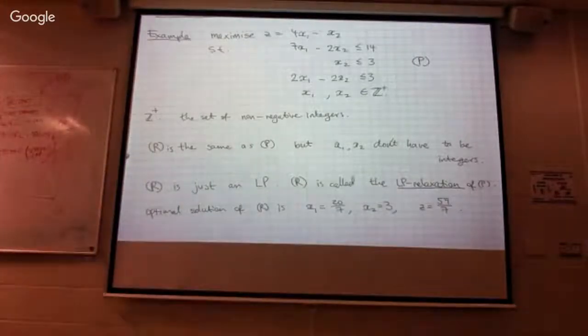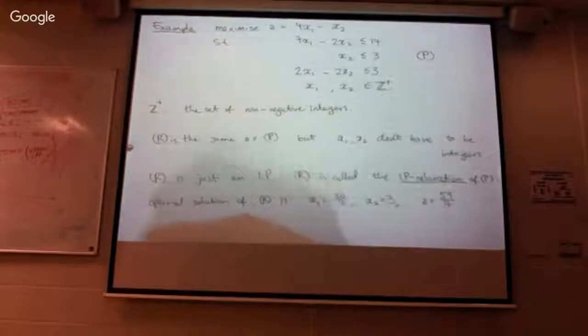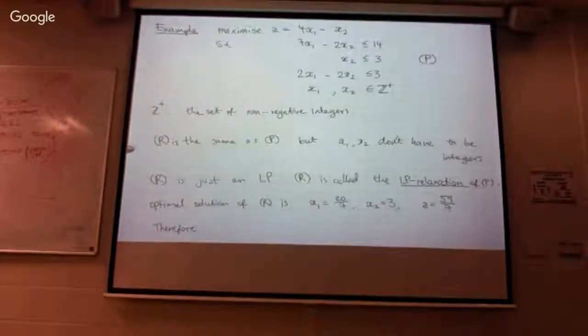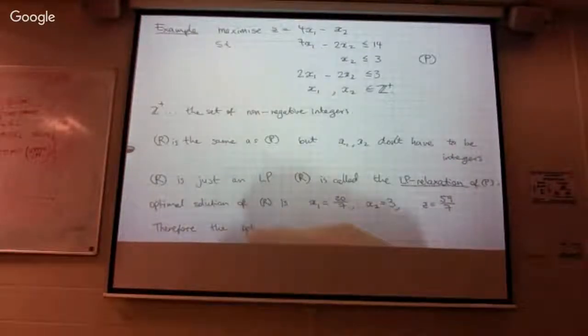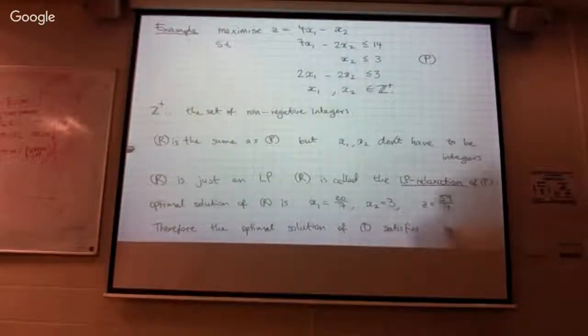So, quite right. Here we know, therefore, that the optimal solution of P has an objective that is certainly not more than 59/7.